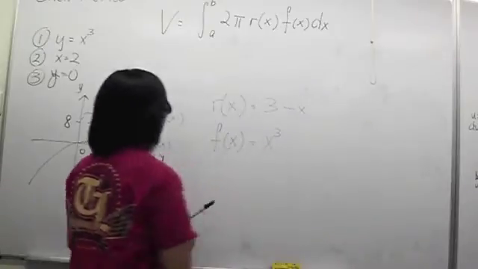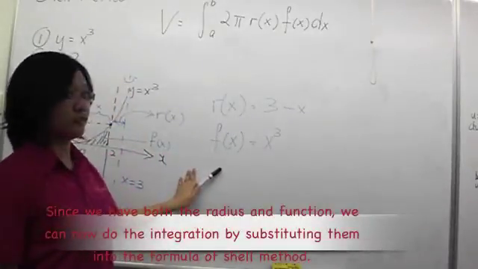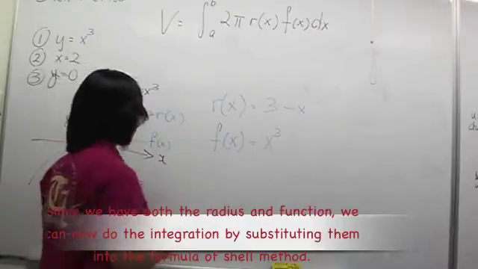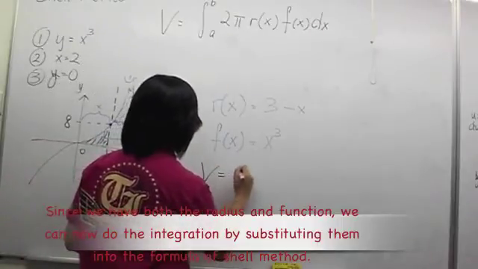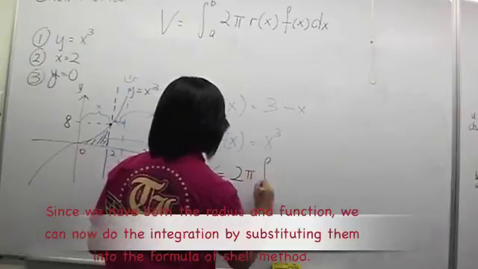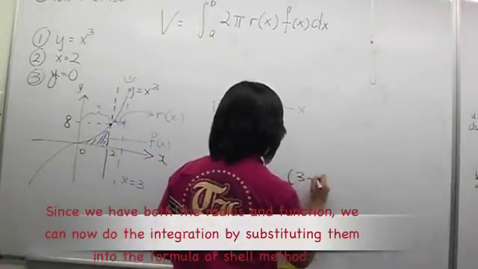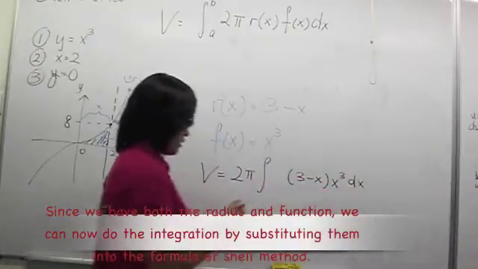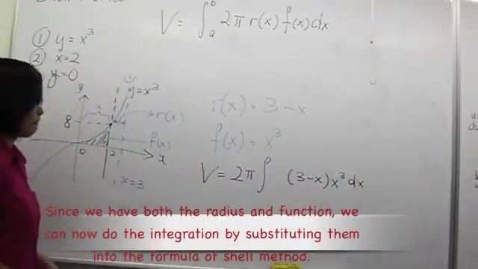So we have the radius, we have the function. Now we can do our integration. Volume equals 2 pi integrate (3 minus x) x cubed dx. What about the limit?